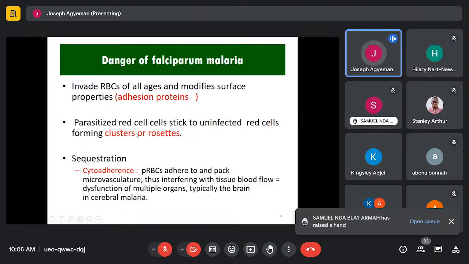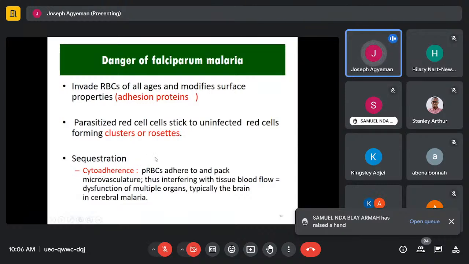So red cells sticking to other red cells is clusters or rosette formation. Parasitized red cells with these sticky proteins expressed on their surface, sticking to the walls of blood vessels, is termed as cytoadhesion.